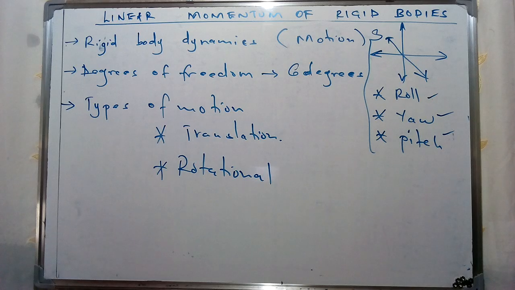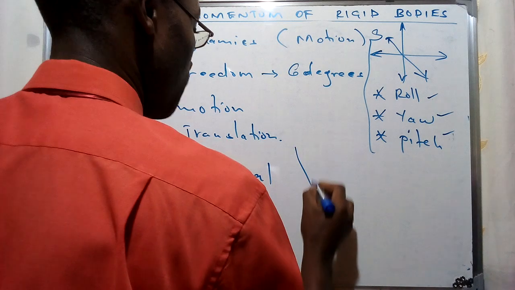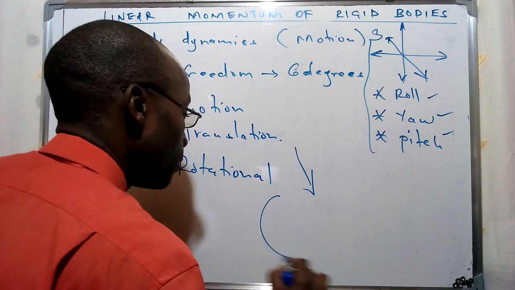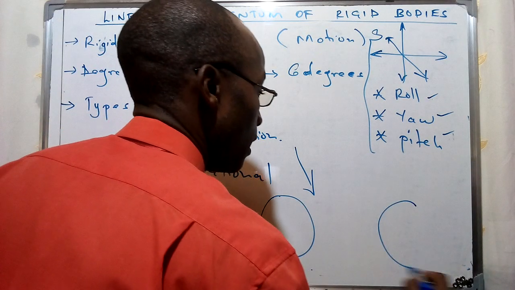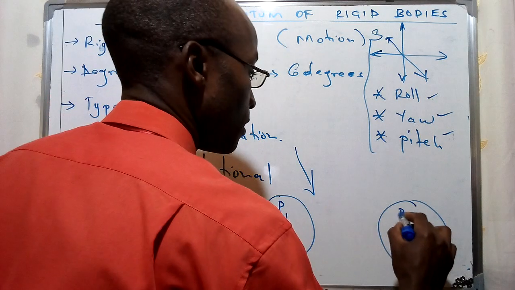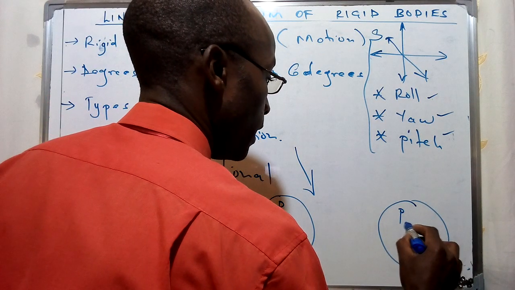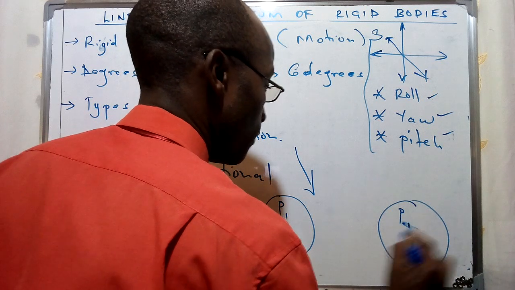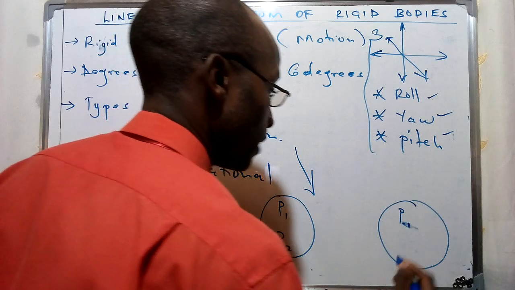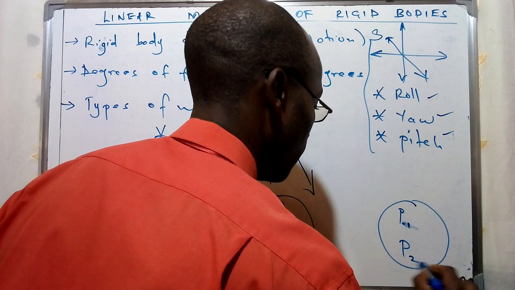In considering translation, the orientation of the particles in this object remains the same, whereby the lines which join these specific particles are described as either rectilinear or curvilinear.